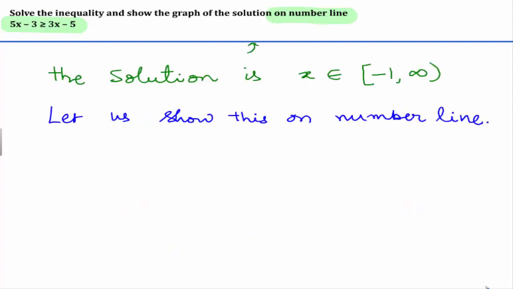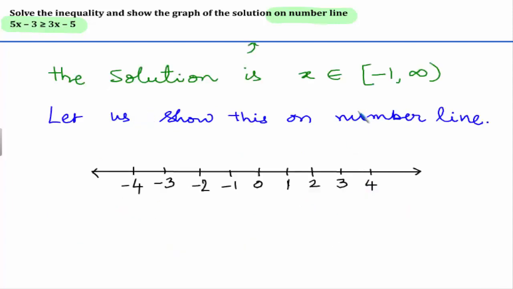Now let us show this on the number line. Now in this number line we have to check the solution, which says that minus 1 to infinity. The infinity is right side here, so from minus 1 we have to check towards the right side.